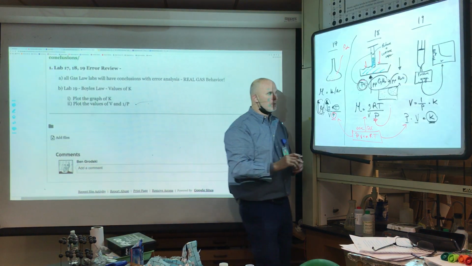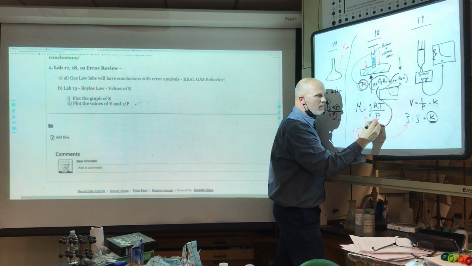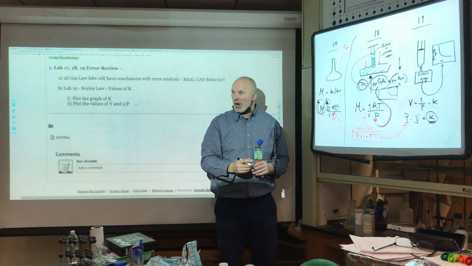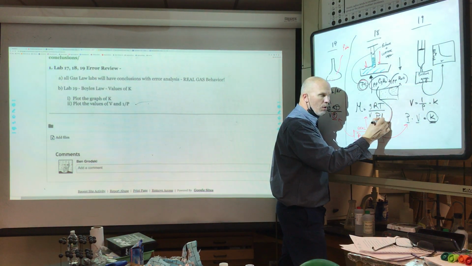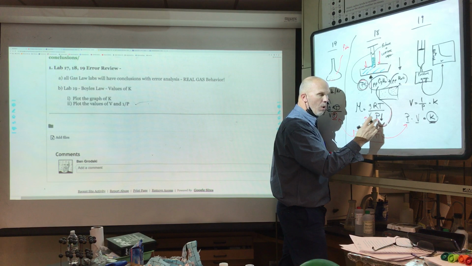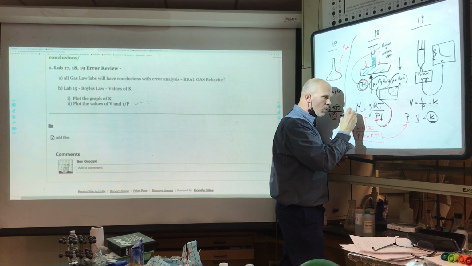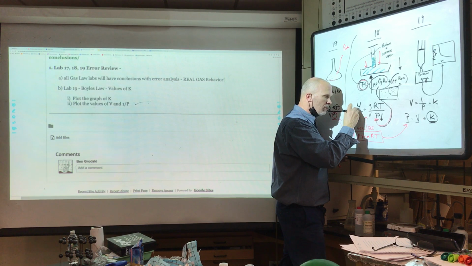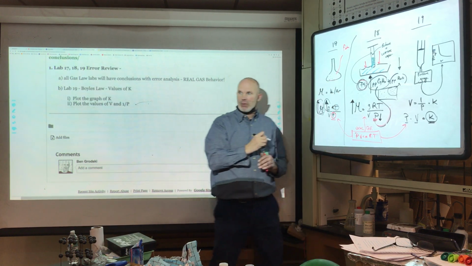Which means that this pressure that we measured was undervalued. This thing was too low. And when you lower the pressure, which is in the denominator, what does it do to your molecular mass? Right, your molecular mass is overvalued.